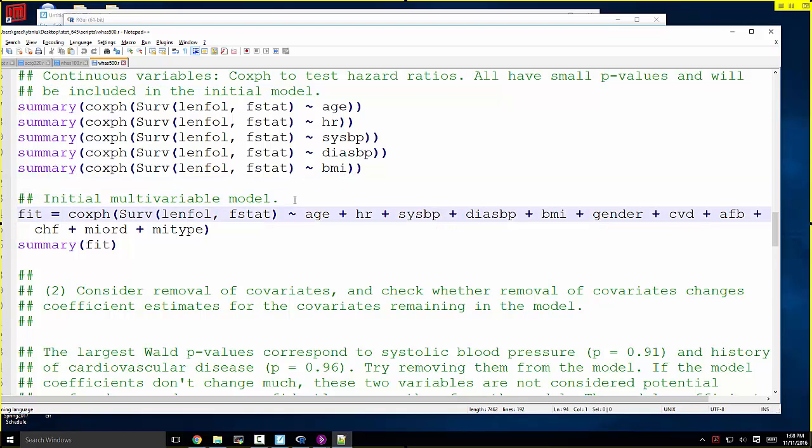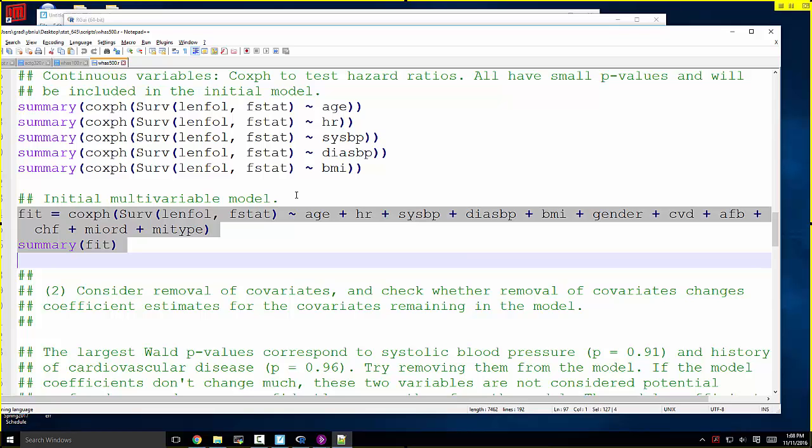So let's consider our first multivariate model as the one that includes those that we just chose. Here is Cox proportional hazards with age, heart rate, systolic blood pressure, diastolic, BMI, and gender, CVD, and the other categorical variables that we picked.